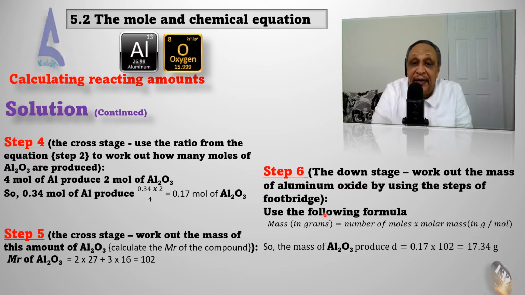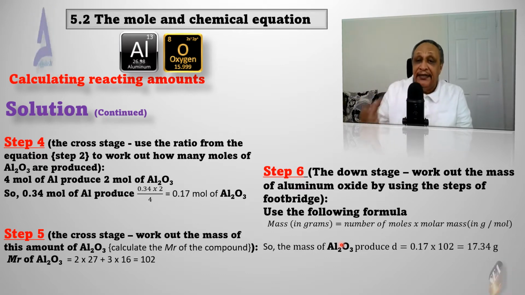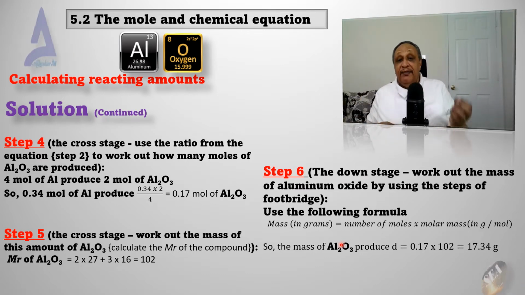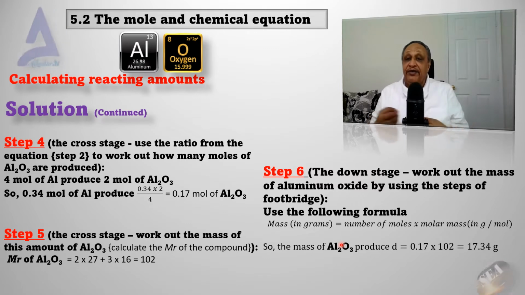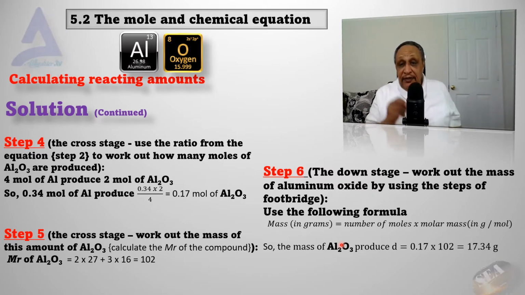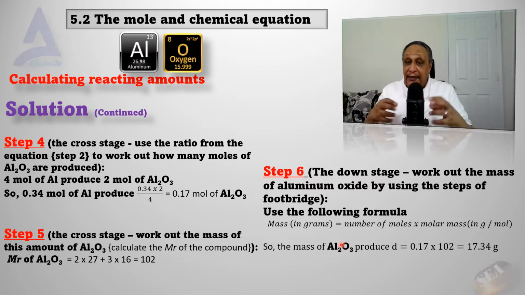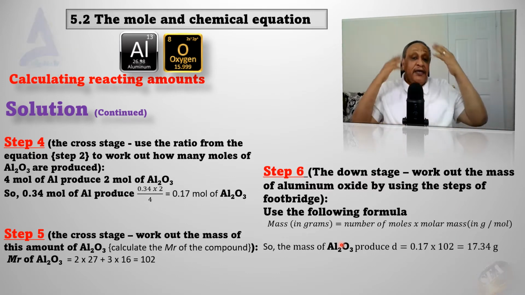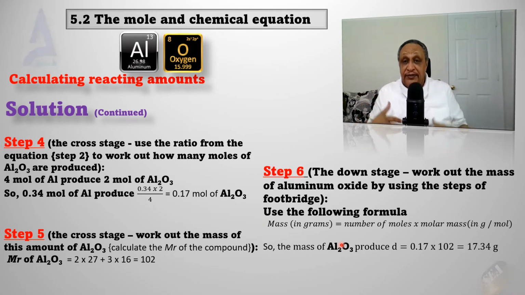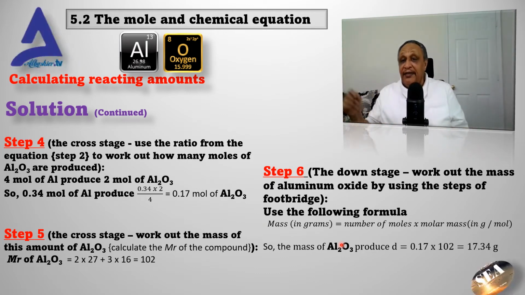Then I'm going to use here the down stage in step 6, to work out the mass of aluminum oxide by using the steps of the footbridge. Use the following formula, and I bring this formula from our previous periods. The mass in grams equals the number of moles multiplied by the molar mass.